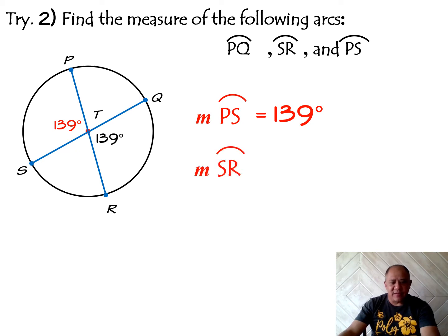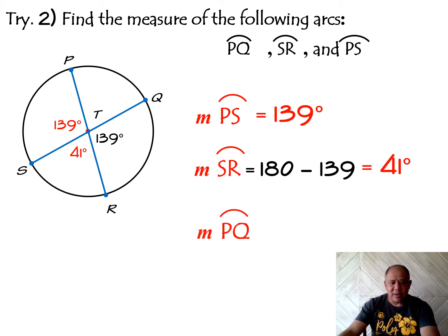Well, let's try to find out SR. And how do we find out SR? Notice that SR plus 139 forms a straight line, which is half a circle. So we can say 180 minus 139, which is 41 degrees. So now that SR is 41 degrees, PQ is also 41 degrees. And there you go.